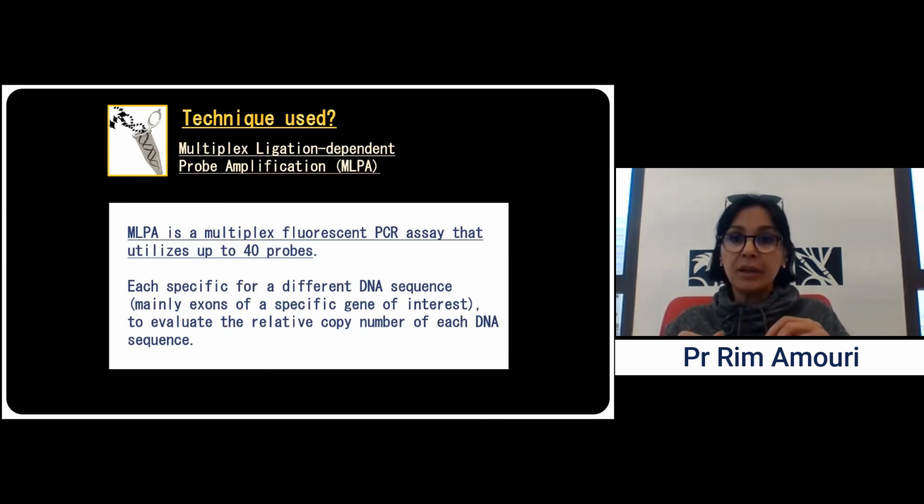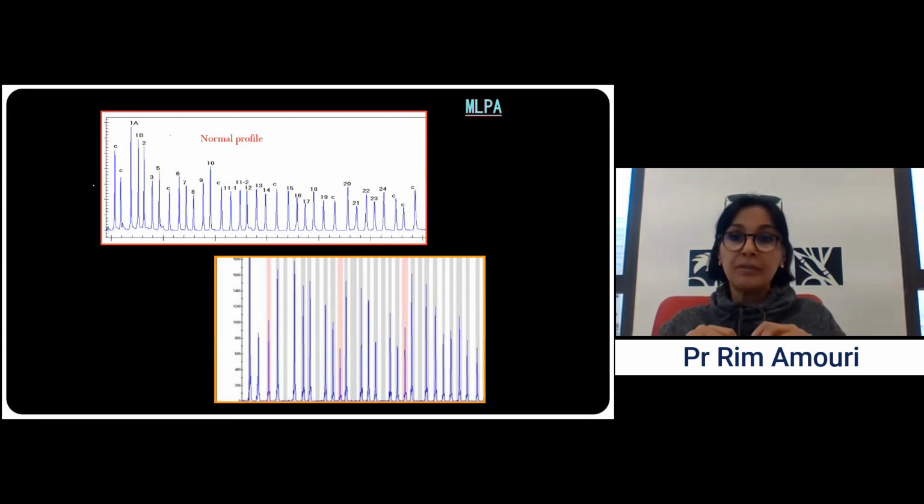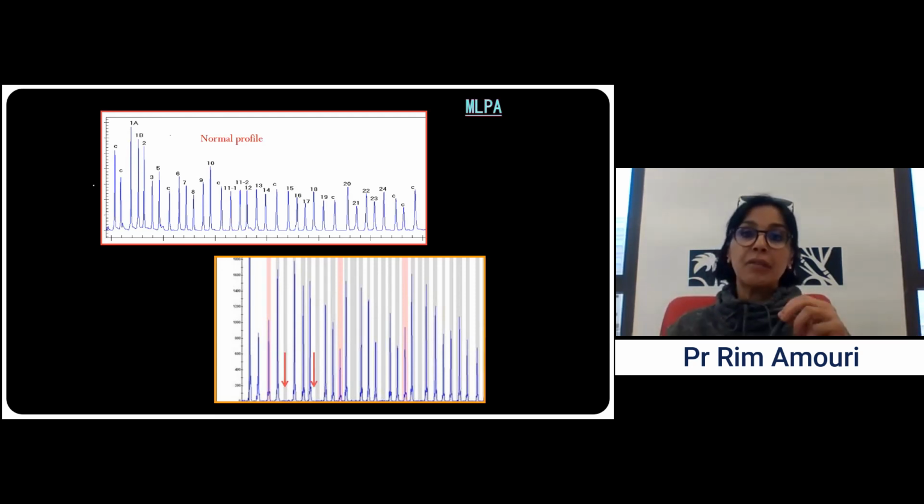It's a PCR assay that uses different probes, each specific to exons, to evaluate the relative copy number of each exon. So each peak of fluorescence represents a specific exon, and different relative peak heights indicate a copy number change of the probe target sequence compared to a control sample. And deletions are clearly observed by the absence of the specific peaks for the target gene.